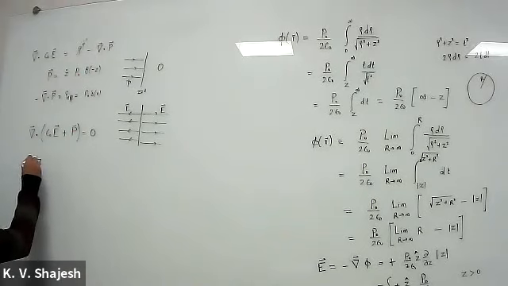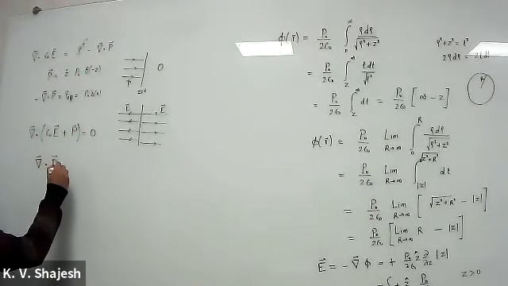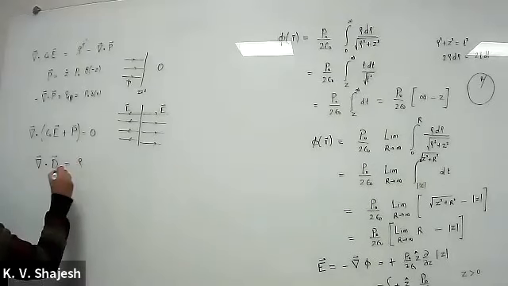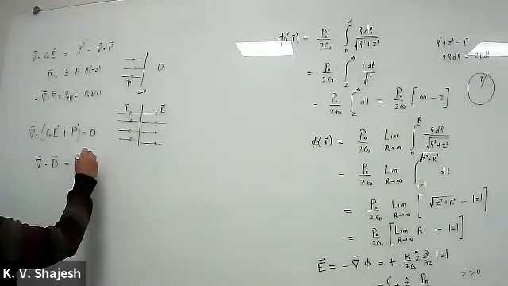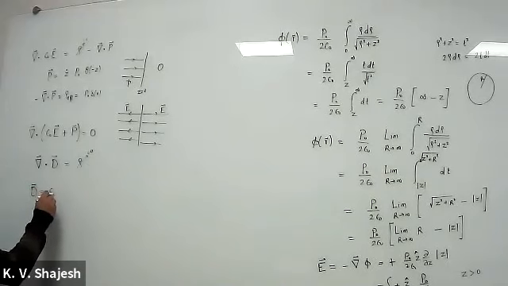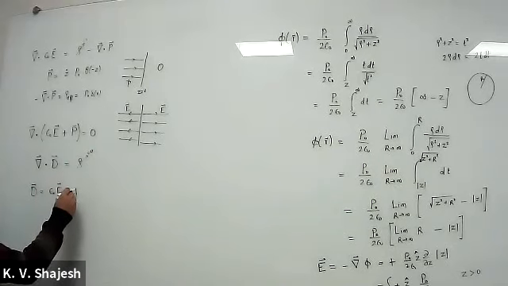So this Maxwell's equation should be read as the divergence of the displacement vector is equal to the free charge, which is of course 0 in our case, where D is equal to epsilon E plus P.